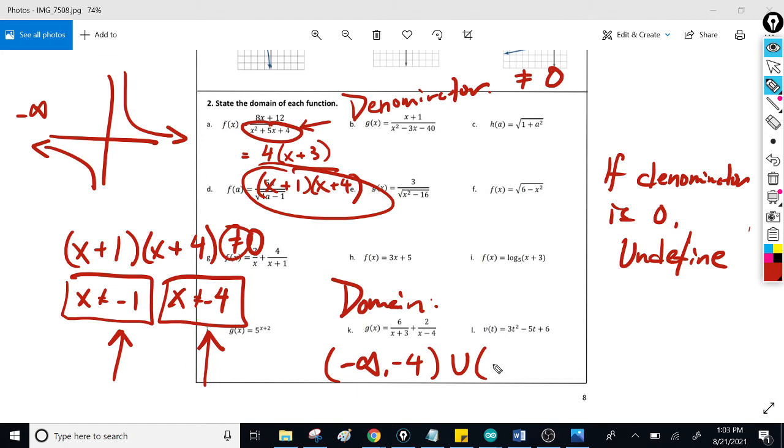Then it will go from -4 again, and it will stop at -1. And then it will go from -1 to infinity.